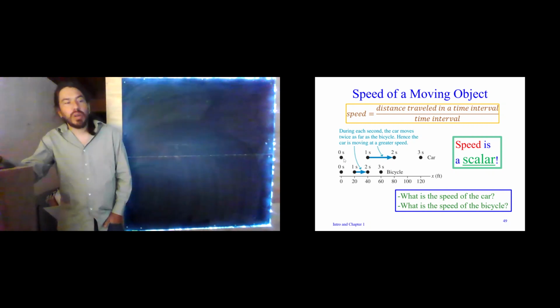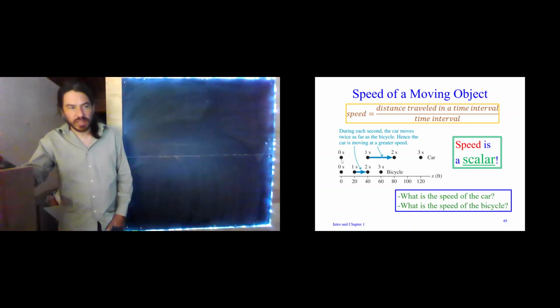It's been created by superimposing images of this car traveling on top of each other and then replacing the images of the car with a dot. And we see that in both the bicycle's case and the car's case, the dots are separated by 1 second. However, notice that the car travels much farther in 1 second than the bicycle does. Therefore, we can say that the speed of the car must be greater than the bicycle.